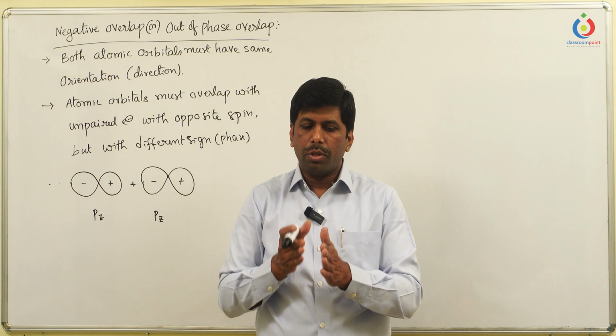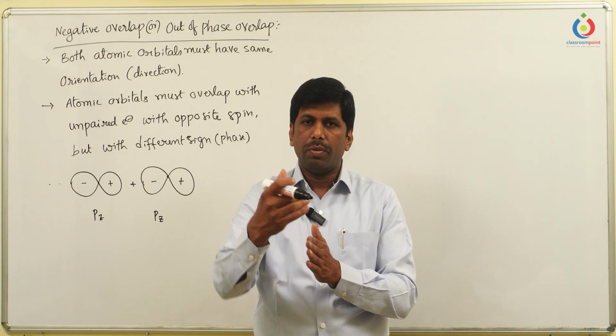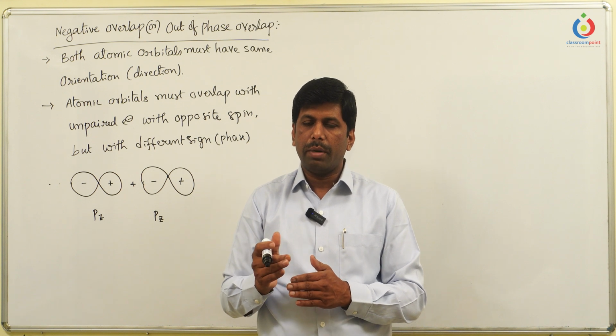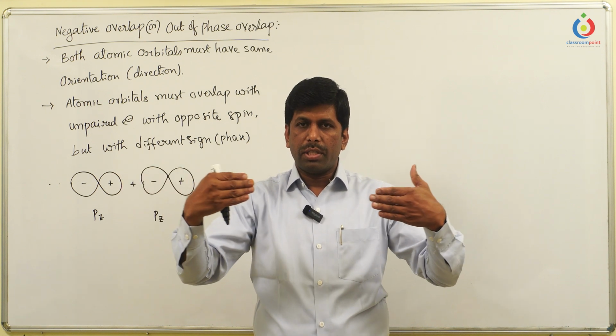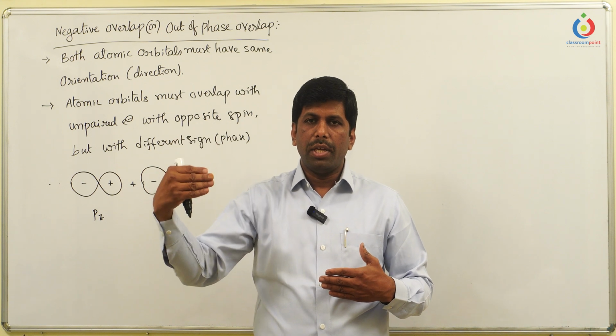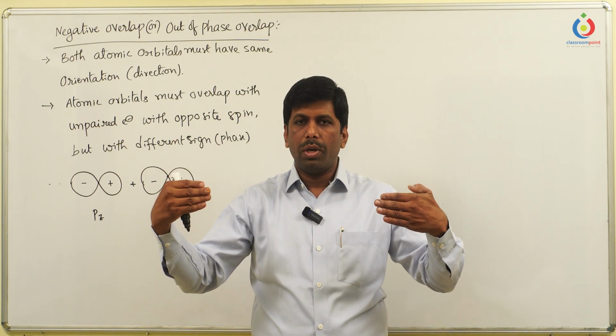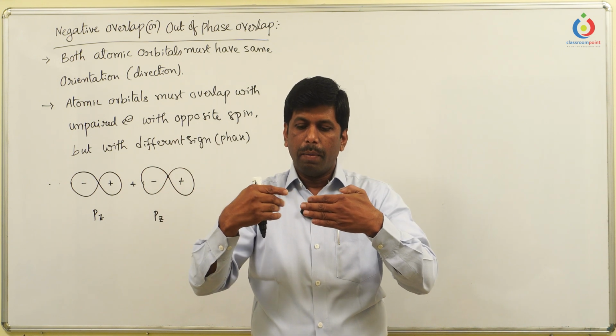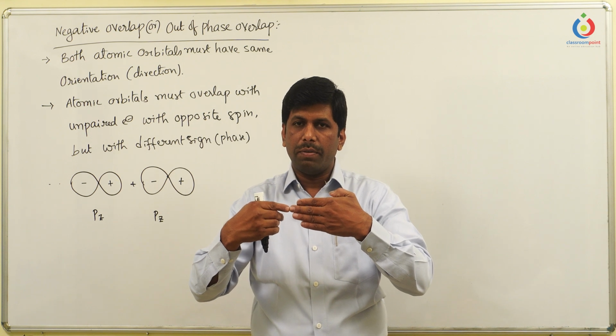But in this case also, both of these atomic orbitals must have the same direction. For example, if you take the pz orbital, this p orbital and this p orbital are both oriented along the z direction only, but the electron presence is different.